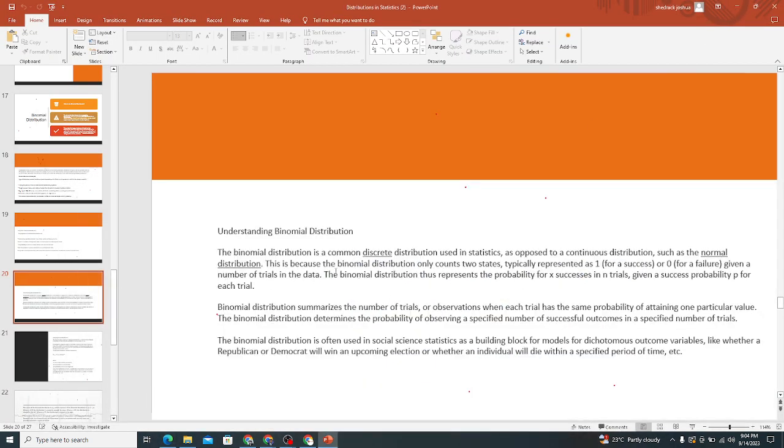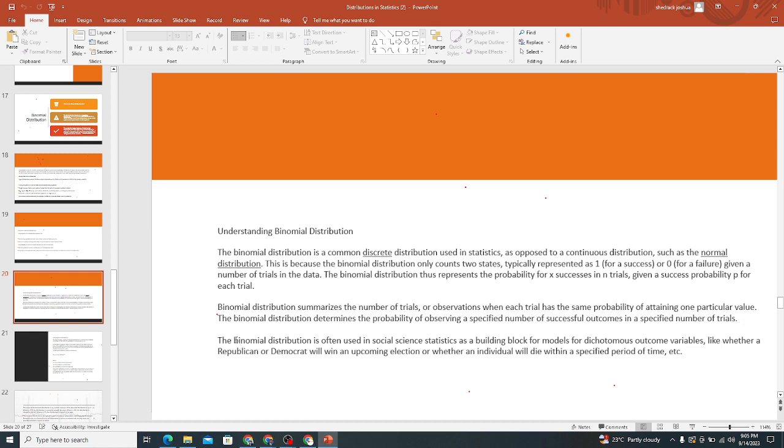So the binomial distribution summarizes the number of trials or observations when each trial has the same probability of attaining one particular value. The binomial distribution determines the probability of observing a specified number of successful outcomes in a specific number of trials.